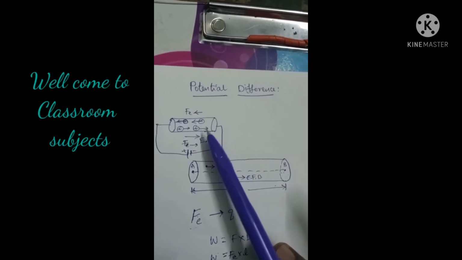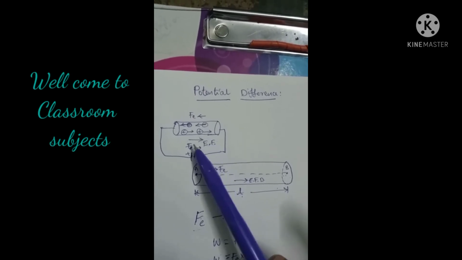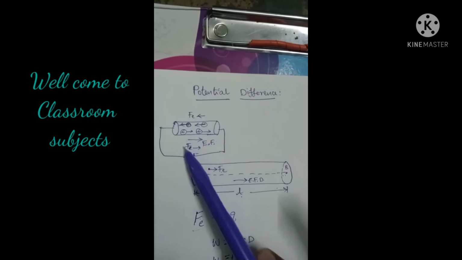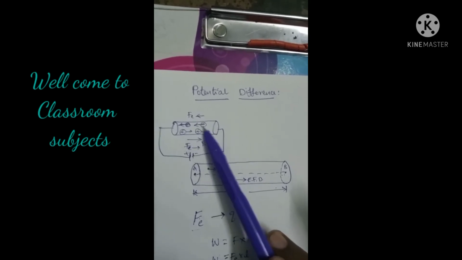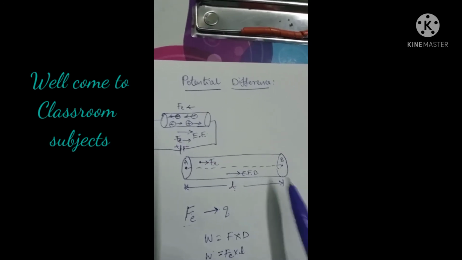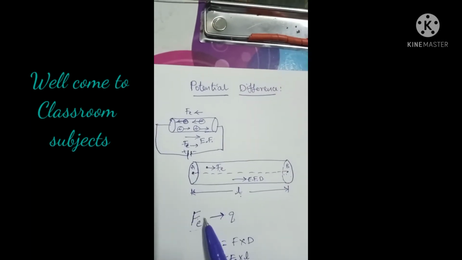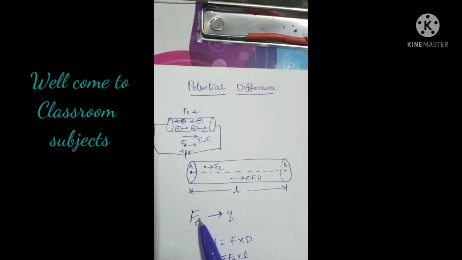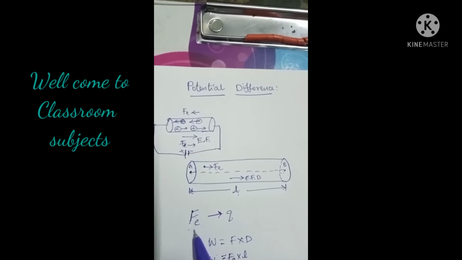So here we can say that this electric field or electric force is doing some work by moving the charges in a specified direction. Now consider a conductor, and the force acting on free charges is Fe.